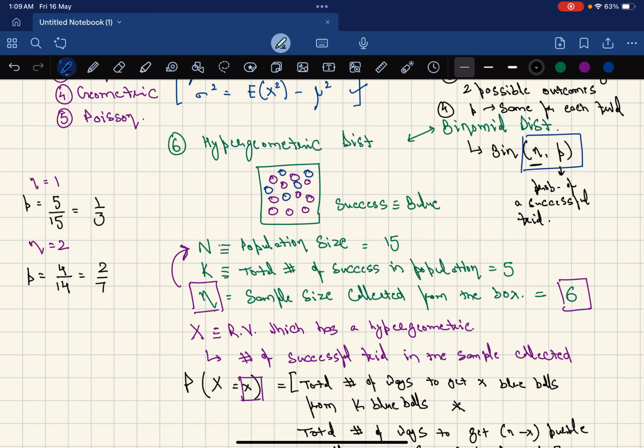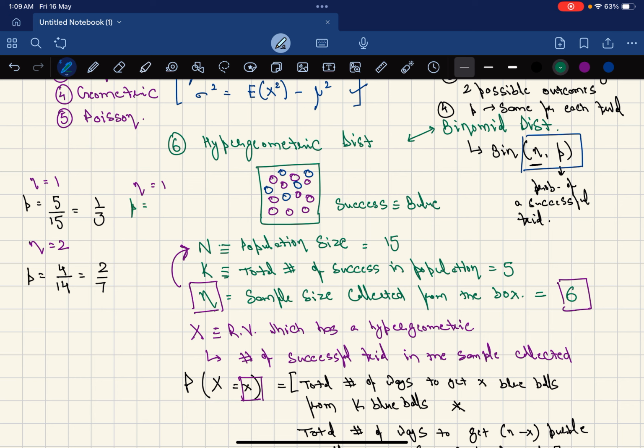So another major difference is, what happens in the previous trial will determine the probability of getting a blue ball in the next trial.